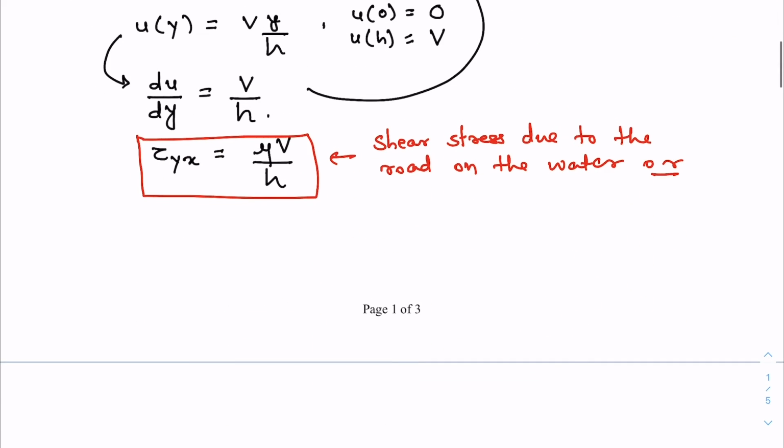So this is also the shear stress due to the tire on the water film.